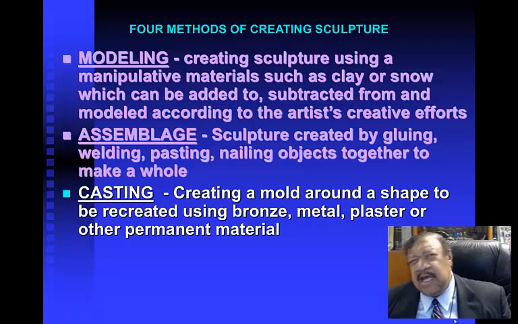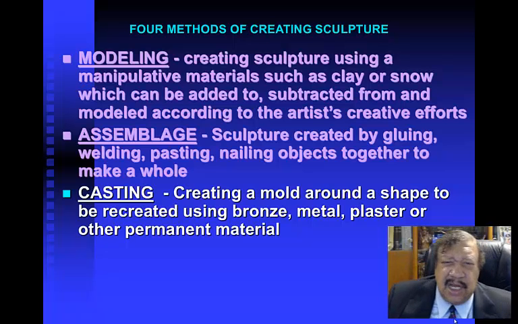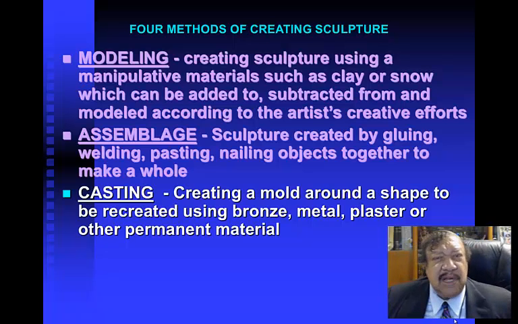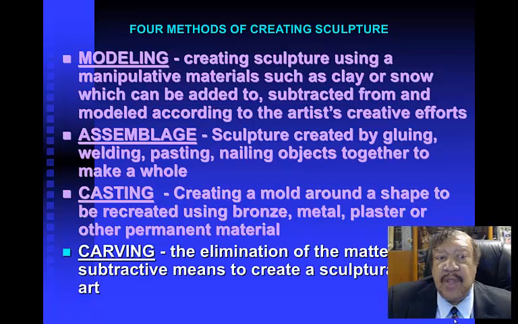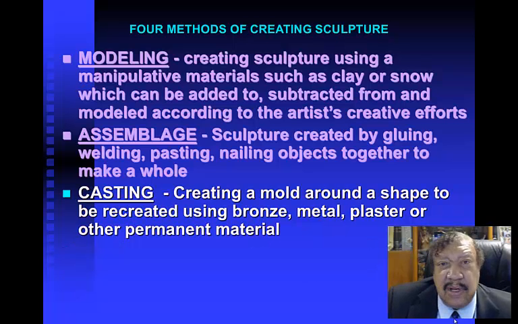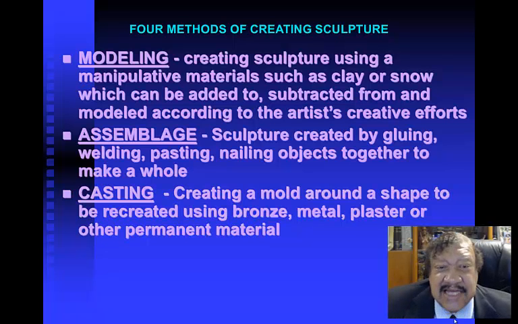So how does it get to become a piece of iron, as we have seen in many pieces of sculpture outside? So we want to show you that method. The Africans really perfected it. We call it the lost wax method of casting.